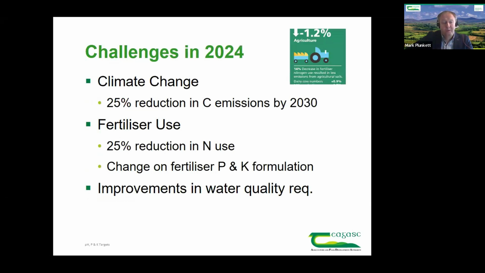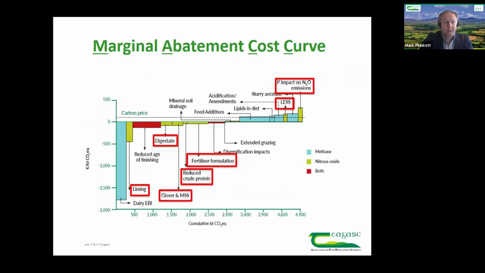Also, fertilizer use: we've seen a significant reduction in nitrogen usage, and we're actually meeting our climate target of a 25% reduction. I also look at the topic of P and K formulation and how it can contribute in terms of meeting our climate targets. And very much on the agenda as we speak is the whole area of water quality. If we get the above two right, it very much feeds into improving water quality.